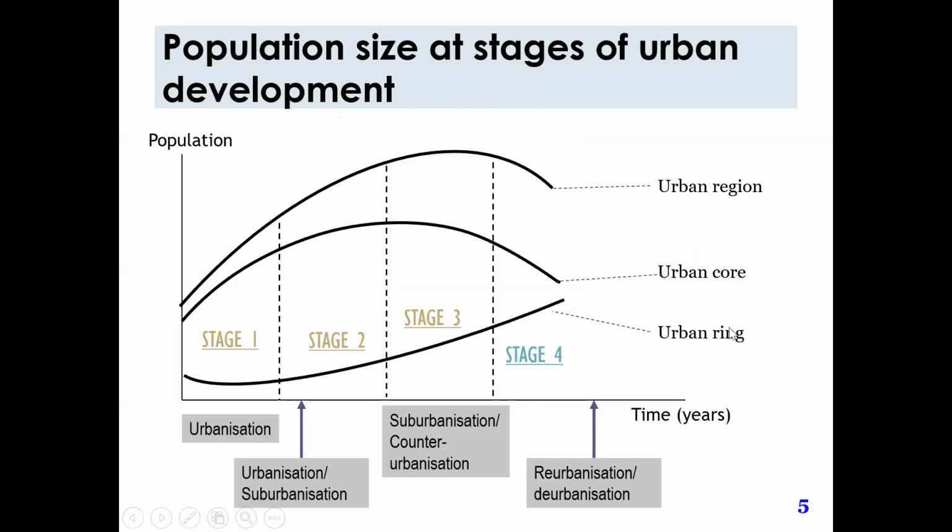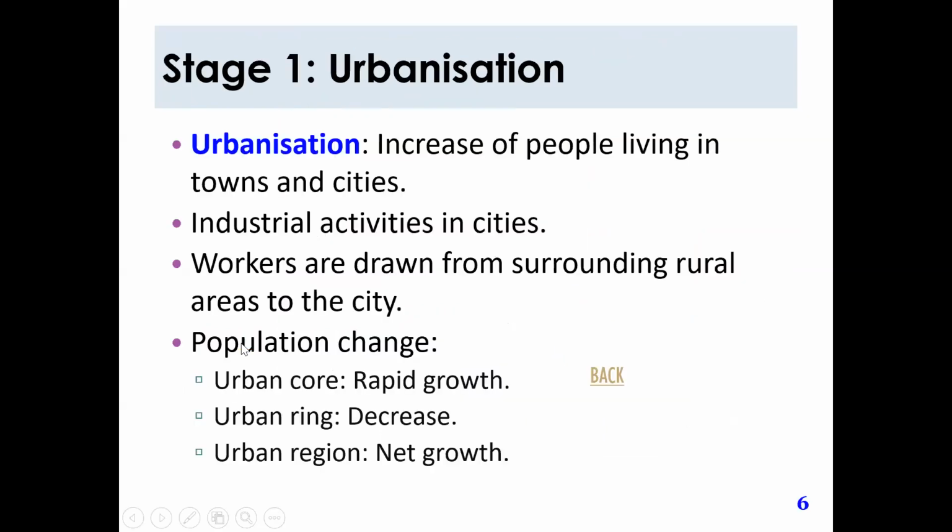This is the first slide: population size at stages of urban redevelopment. At stage 1, this is the process of urbanization, whereby there's an expansion of the urban population. Urbanization means an increase of people living in towns and cities.